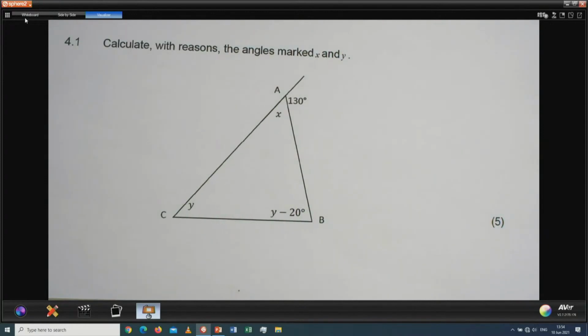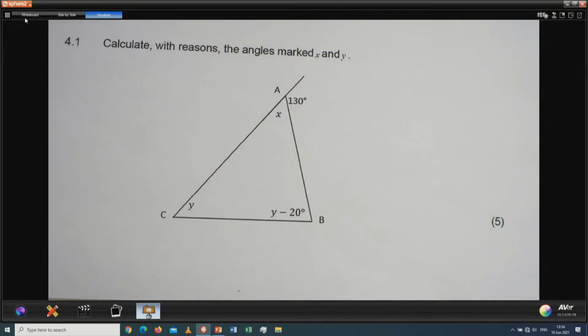Number one, you are given the picture, you see a triangle. You also see an exterior angle straight away. Exterior angle, triangle. All right?